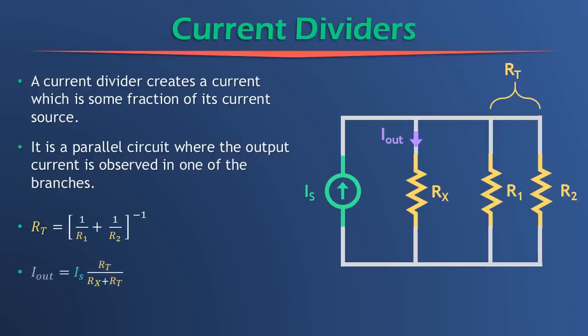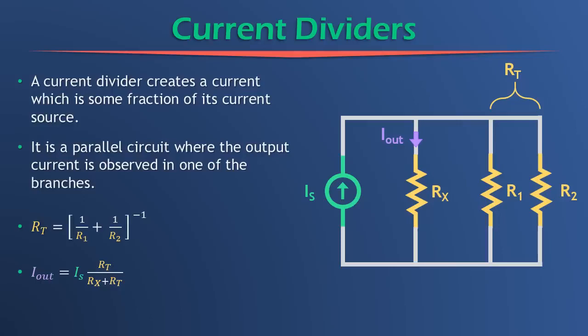Now, to find I out, you're going to follow this equation, which says I out equals IS times RT over Rx plus RT. Let's compare this to the voltage divider equation. In the voltage divider equation, what was in the numerator? Can you remember? Right, it was the resistor which we were concerned about, so R2 generally.